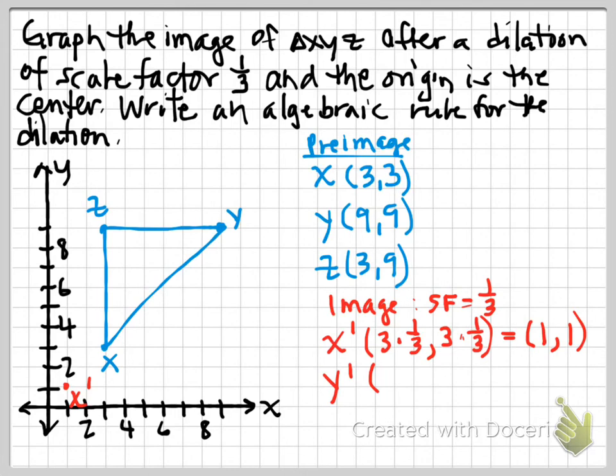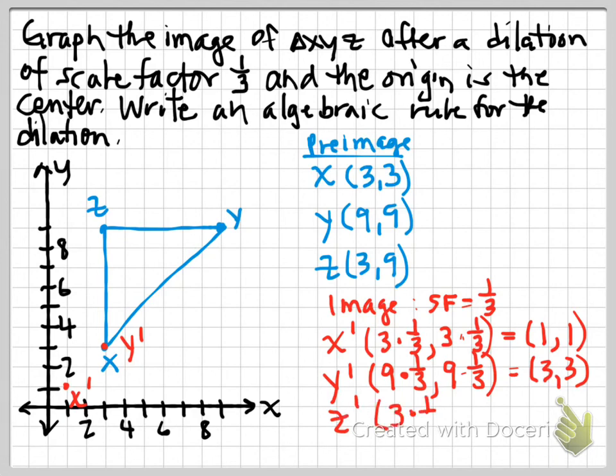What's the fraction's name? 1/3. So the coordinates for Y were 9, 9, so we're going to multiply each of them by 1/3. So we're going to find 3, 3, and that's Y prime. We're going to do that one more time with Z's coordinates to figure out Z prime's coordinates. And we get 1, 3.